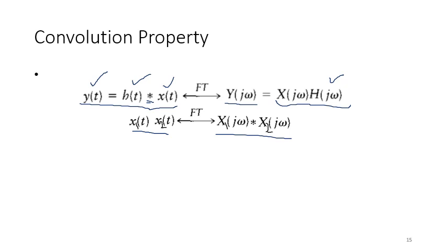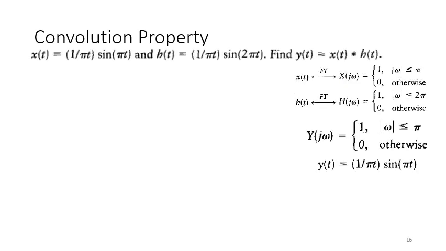So let's consider an example, one we have already considered. We have a signal x of t equal to 1 over pi t times sine of pi t, and an impulse response h of t equal to this one, and we have to find the output signal.